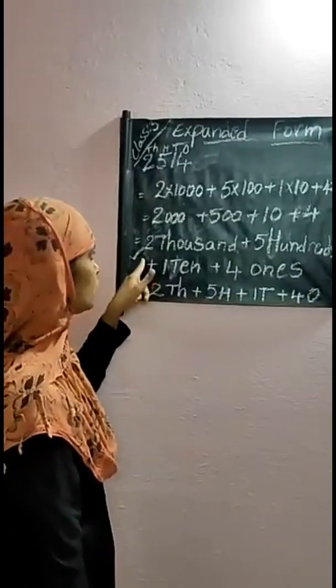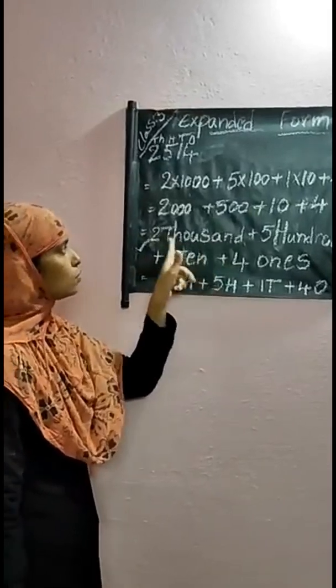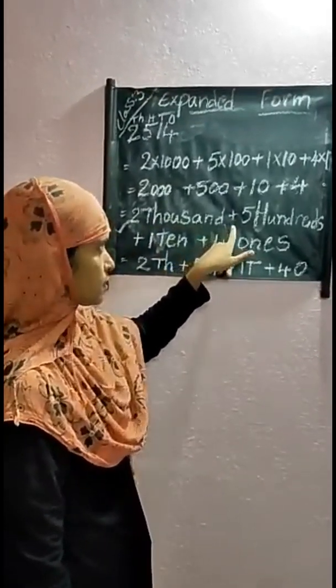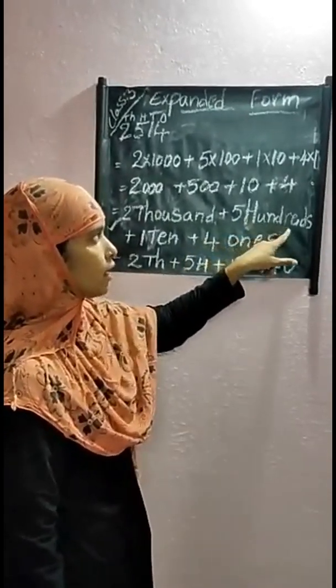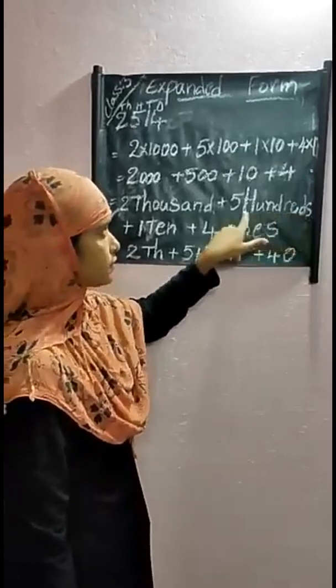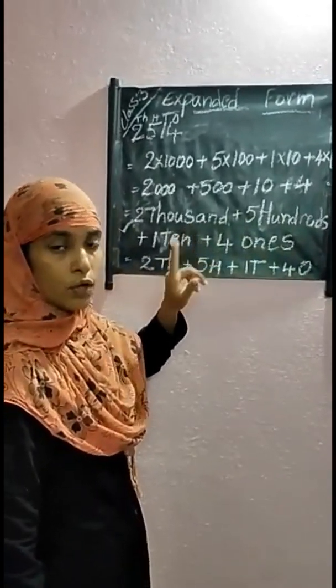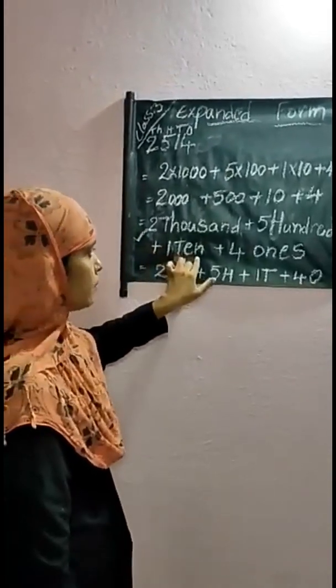Okay? 2 in the thousands place, with spelling: 2 thousand. Plus 5 hundreds, it's not 100. Here it is thousand, not thousands. Okay, plus 1 ten.